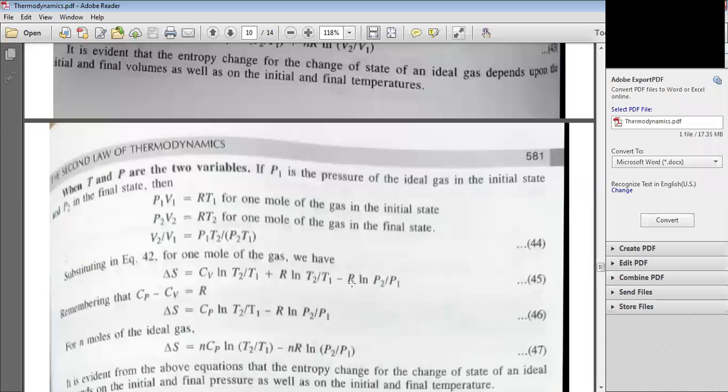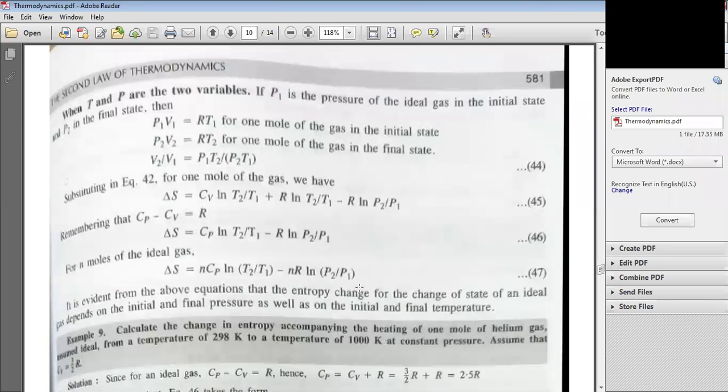So students, this equation number 46 holds good for 1 mole of gas. If we have n moles of the gas, then the number of moles will also appear with each of these two terms. In that situation, delta S will be equal to n Cp ln T2 by T1 minus nR ln P2 by P1.